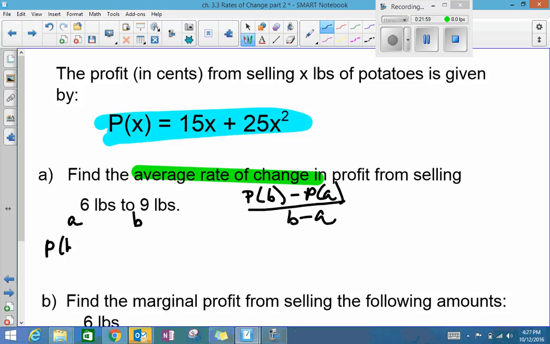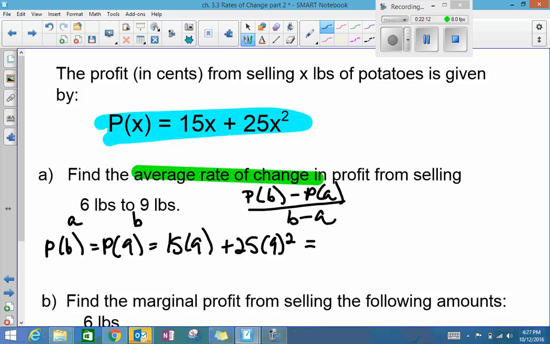So P of B is P of 9, and that's 15 times 9 plus 25 times 9 squared, which equals 2160.